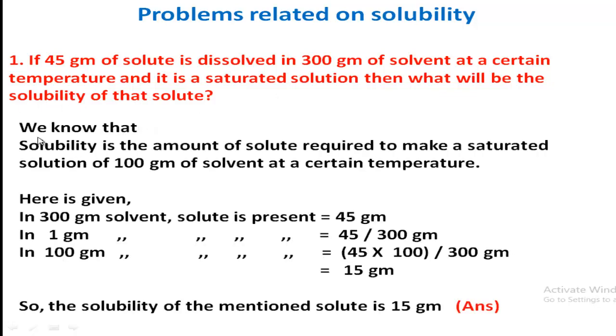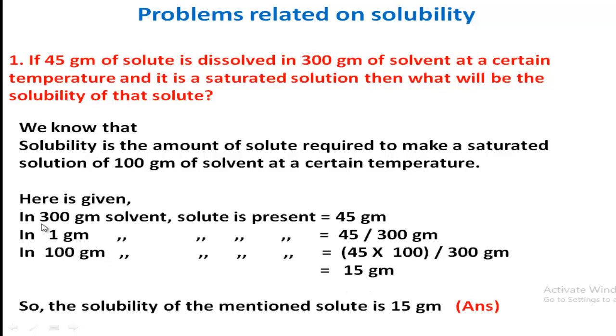Follow here. We know that solubility is the amount of solute required to make a saturated solution of 100 gram solvent. That means the amount of solvent is fixed here, and that is 100 gram at a certain temperature. So here 300 gram solvent is given, and solute present is 45 gram. If you determine the amount of solute in 100 gram by the unitary method, then you will get the solubility.